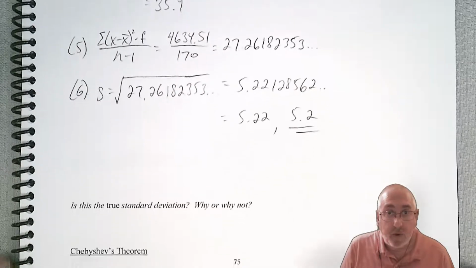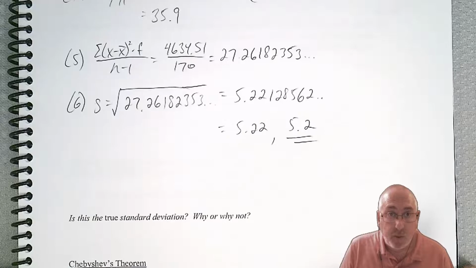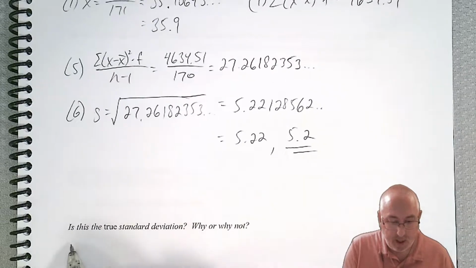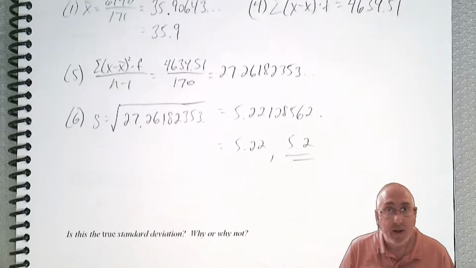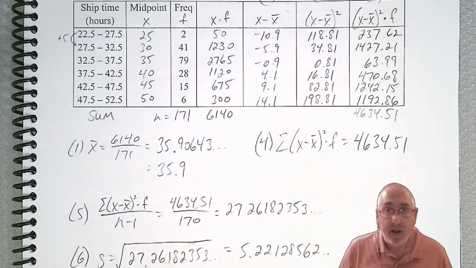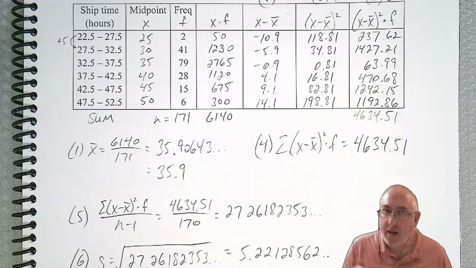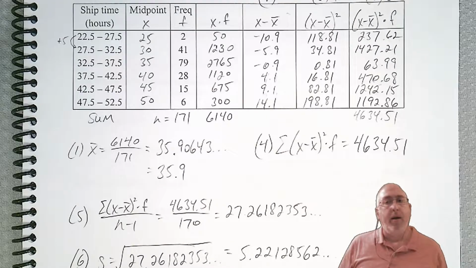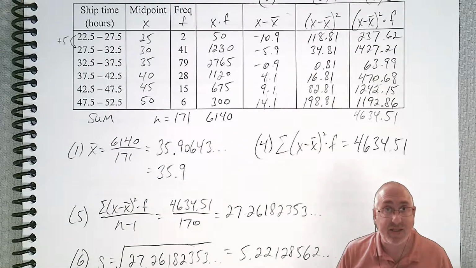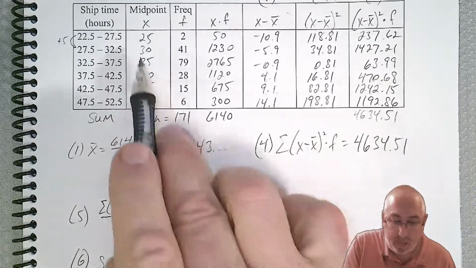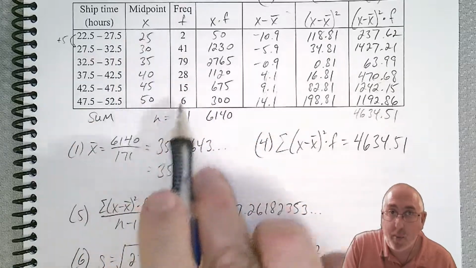All right, now before we close, I do want to ask a question. Is this the true standard deviation? Why or why not? So, is that 5.2 the actual standard deviation for this data? The answer is no, it is not. Because remember, we were guessing at what the data was.